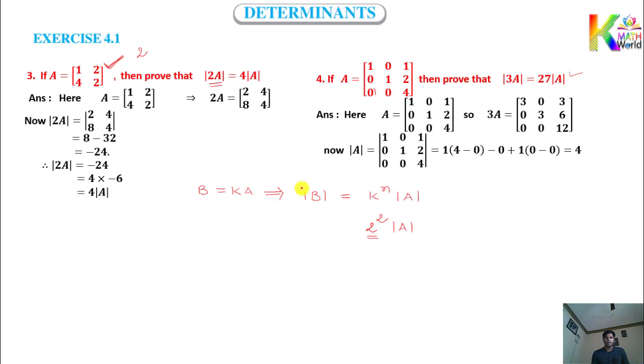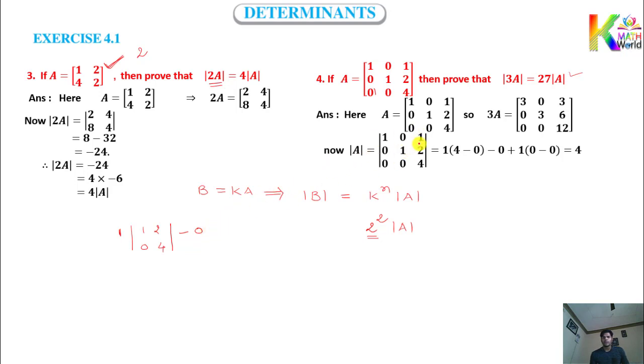With plus 1, you can see it lies in first row, first column. So eliminate it. What is left? You have 1 2 and 0 4. Then you have the minus sign, so minus 0. But 0 times anything becomes 0, so no need to calculate with 0.